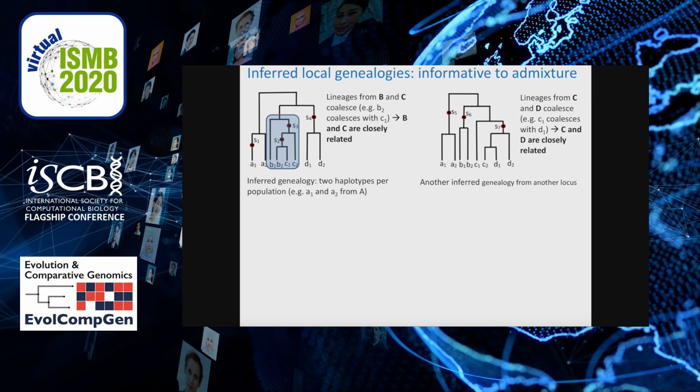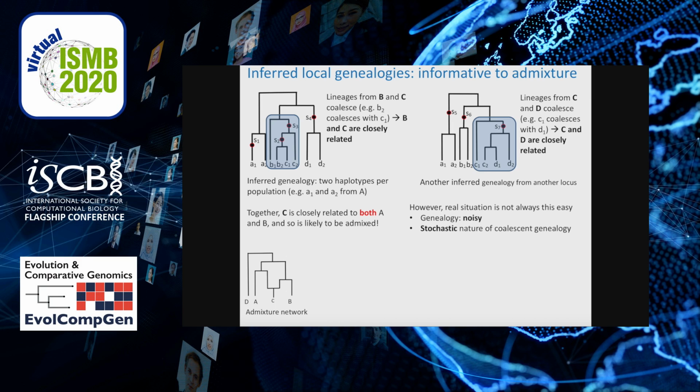Let's look at another inferred gene genealogy at another locus. And here, we look at this part. It shows that lineages from populations C and D tend to coalesce, and that means C and D are closely related. And this indicates that population C is closely related to both population A and B, which means that C is likely to be admixed.